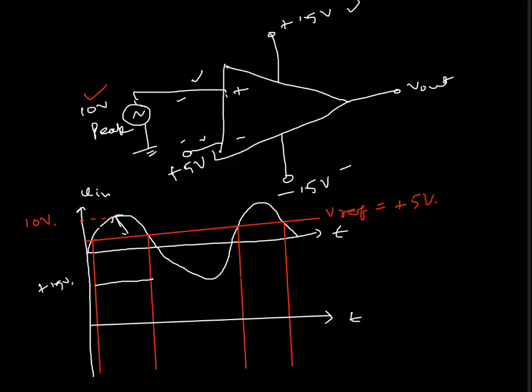But in this range, here, here, here, the input voltage is less than the reference value, so there the output will be minus 15 volt. From here this transition will occur. Let me draw a straight line. It is a little difficult to draw, so let me use the line option.